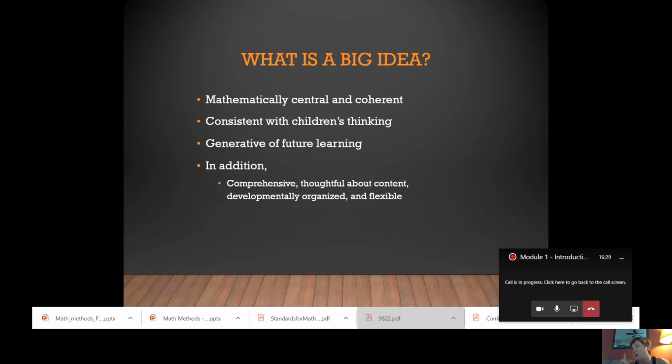They learn a little bit here, and then they build on it again and again until they get it. In addition, it's comprehensive, thoughtful about content, developmentally organized, and also flexible. So we want to be teachers who are also flexible and can change things and can adapt and kind of understand the big picture.